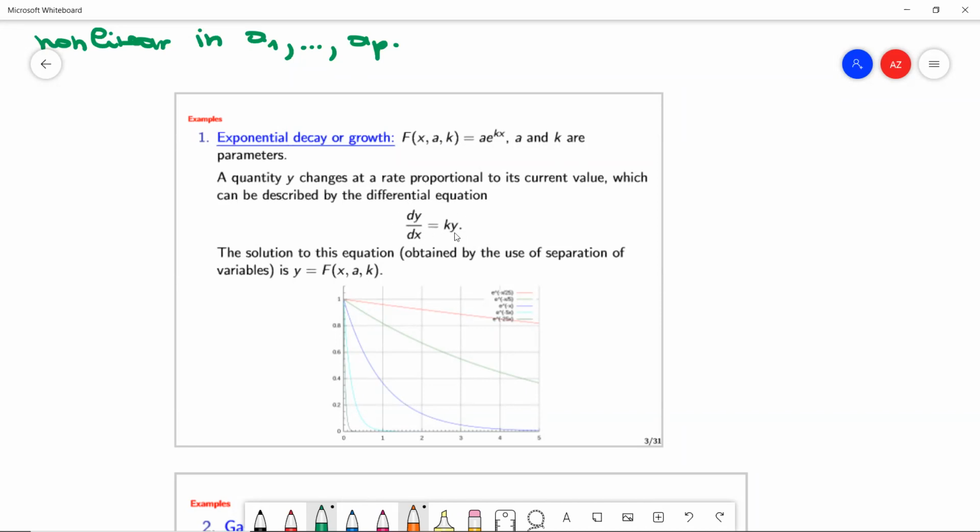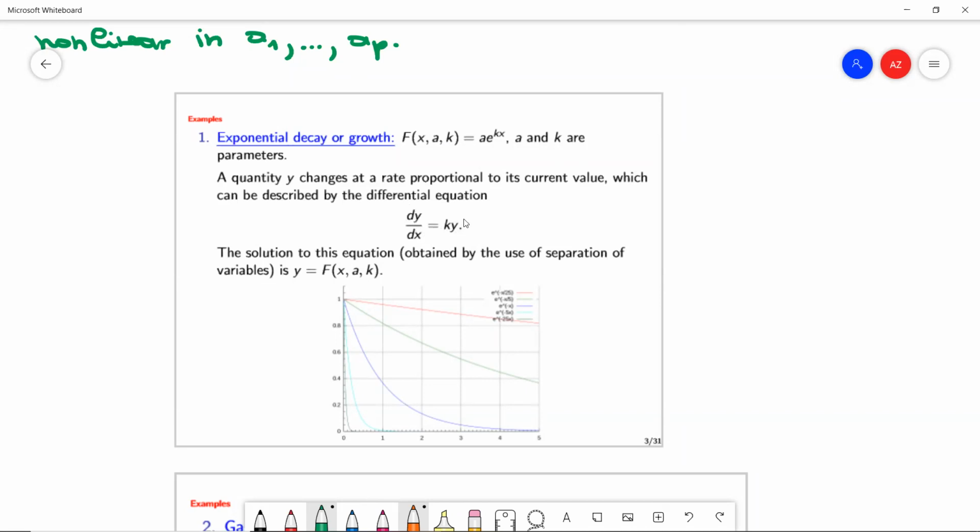So we would like to say, yeah, the growth is proportional to the size when the population is small enough, but when it's big enough, we would like this growth to stabilize and then stop.